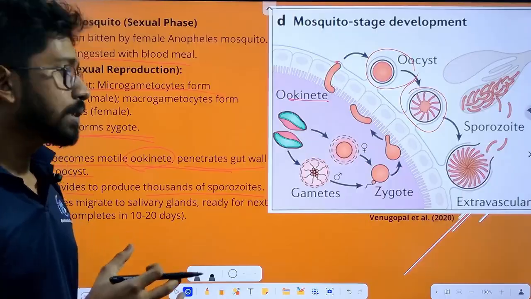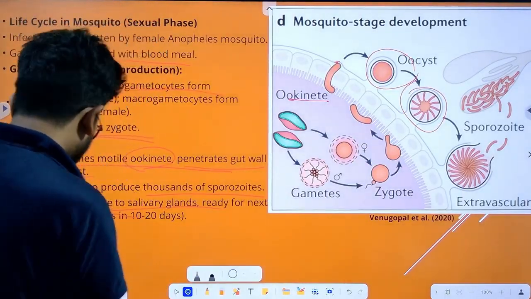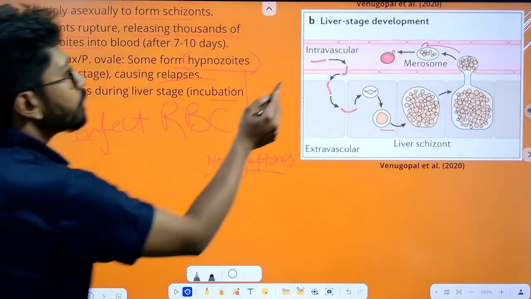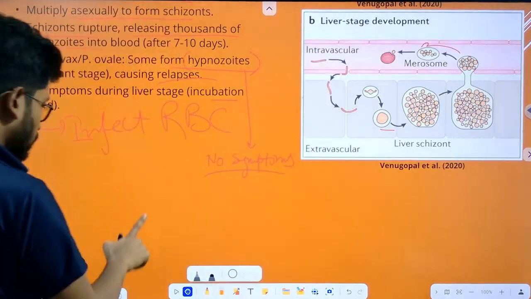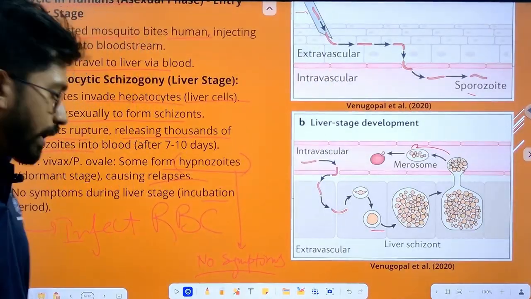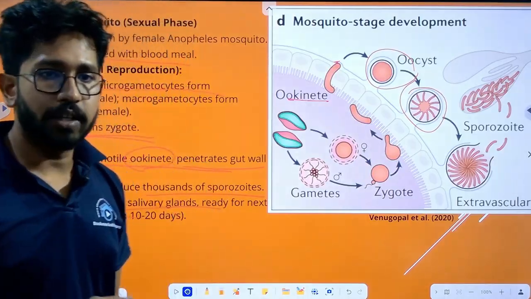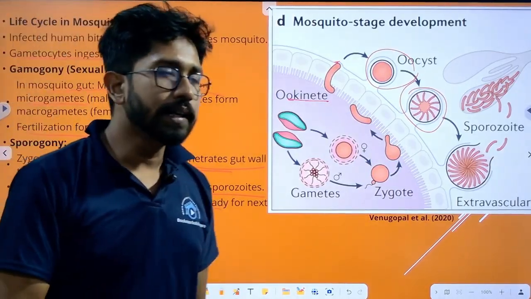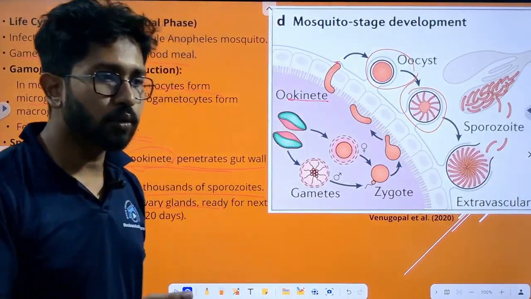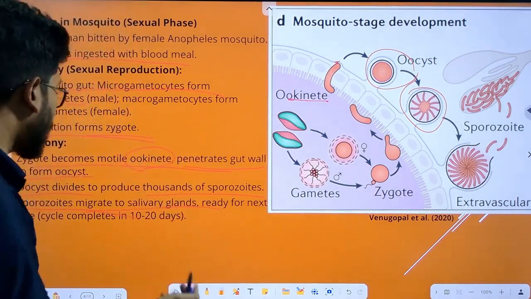So these sporozoites are going to migrate to the salivary gland, like we studied already. From the salivary gland, the sporozoites get into humans. When the zygote formation is complete and the zygotes develop thoroughly, they form sporozoites which travel to the mosquito salivary gland.